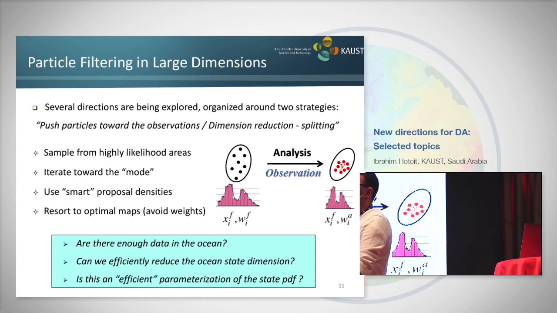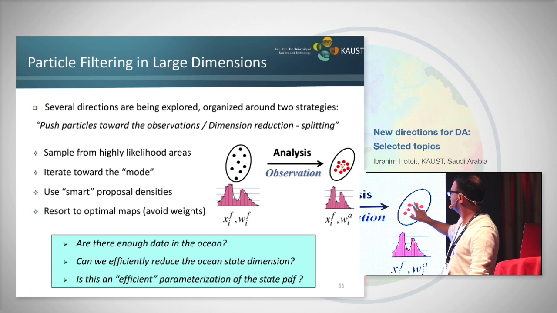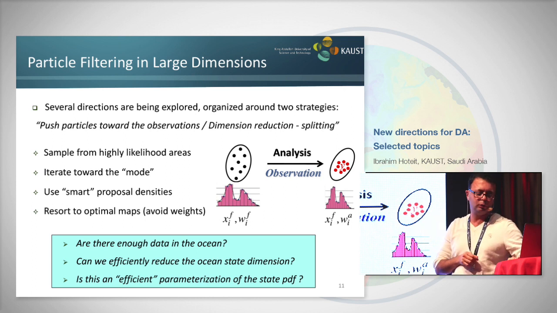And also, they try to do dimension reduction. Instead of applying the particles to the whole state, they cut it, like local analysis or something, and they apply the particles in steps. So they reduce the dimension, and so you will need fewer members. So more or less, this is what the community is trying to do, all trying to push towards the data so they don't diverge.